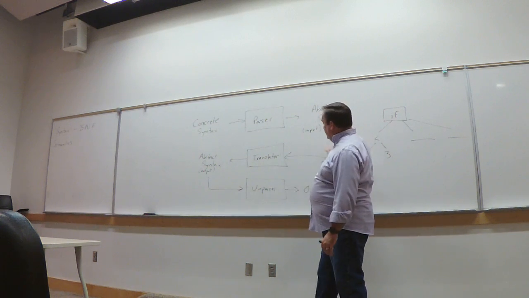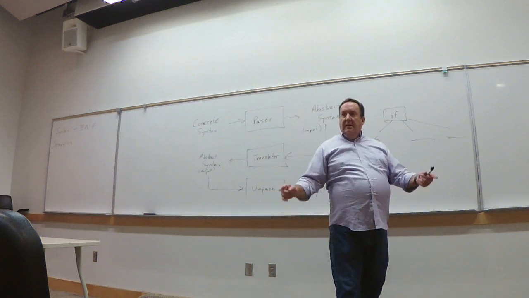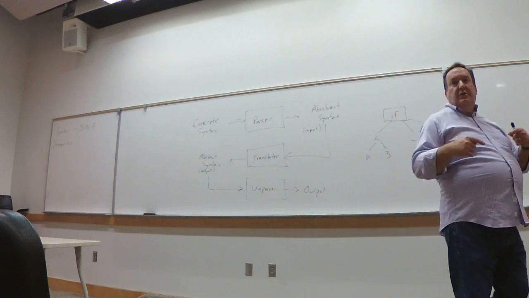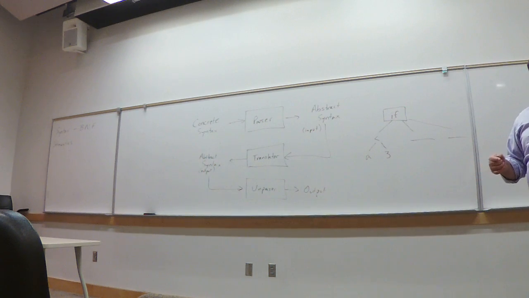I just take this, feed it right into the unparser. If I can parse to turn it into abstract syntax, can't I traverse that abstract syntax and turn it back into text, concrete syntax? I mean, I should be able to go both ways, right? Except what would happen? What would be lost in the process?